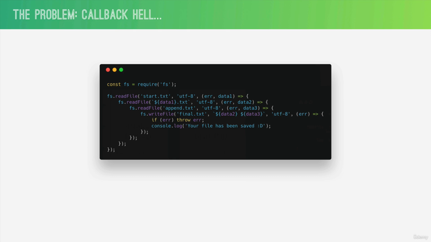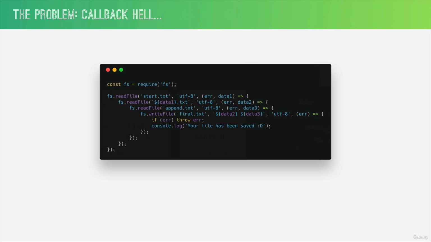Just take this example where the second file read depends on the first one, then the third file read depends on the second one, and finally, we want to use the final data to write a file as a result. That looks quite confusing, right? I mean, it's gonna work just fine, but it's just hard to reason about. And that is just with 4 levels deep. Imagine you had like 10 or 20 levels, which is actually not that uncommon.